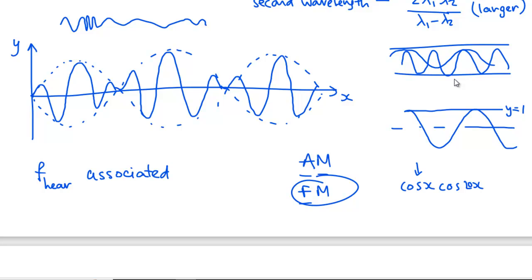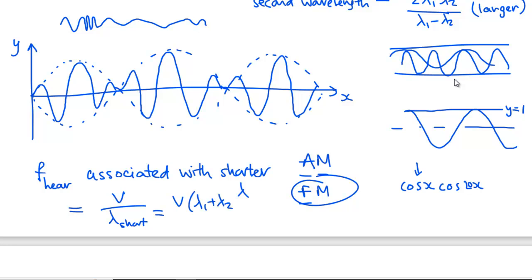The solid line is the wave that we're actually hearing. So we want the shorter wavelength. That will be equal to the velocity divided by the short wavelength. The short wavelength is the one with a plus on it. So that's going to be V times (lambda 1 plus lambda 2) divided by 2 lambda 1 lambda 2.